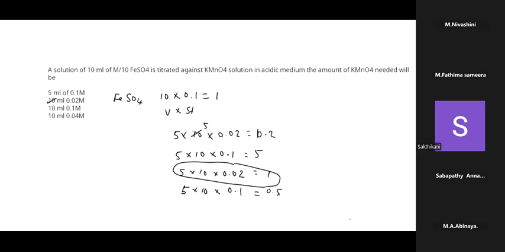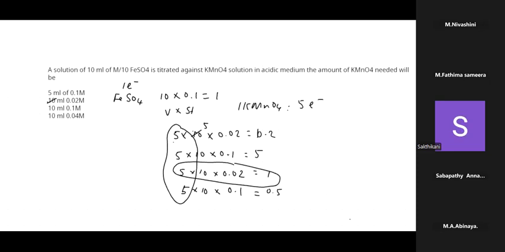The idea behind this problem is why this 5 is included, that's all. Because for the oxidation of ferrous sulfate, 1 electron is needed, but 1 KMnO4 molecule can liberate 5 electrons. Therefore, 5 times the strength and volume will be this unit.